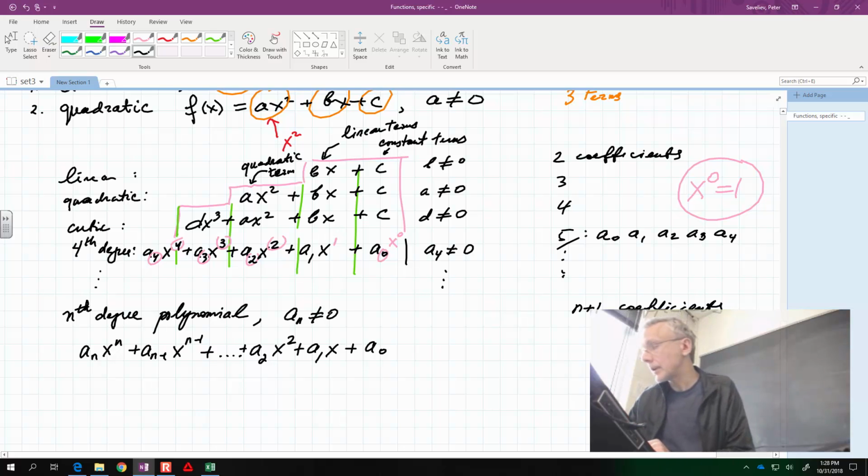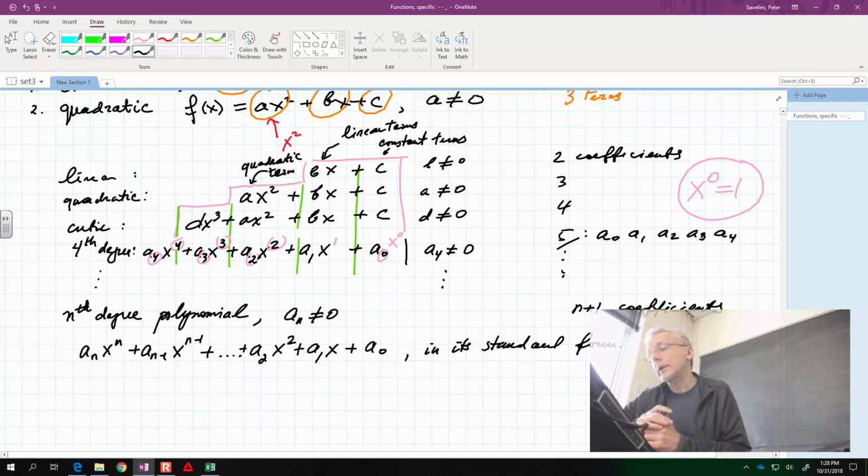And this is an nth degree polynomial in its standard form. All of these are in the standard form. So what is the standard form? If you want to just look at the formula, it certainly is revealing, I think. But you can try to describe it in a manner that is also unambiguous.